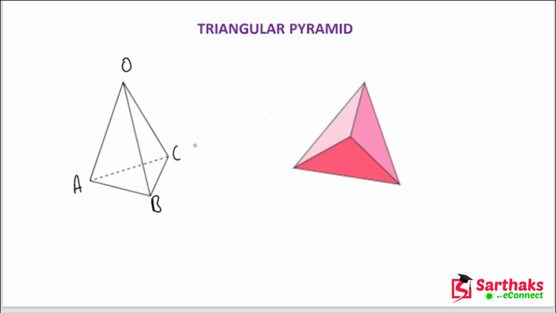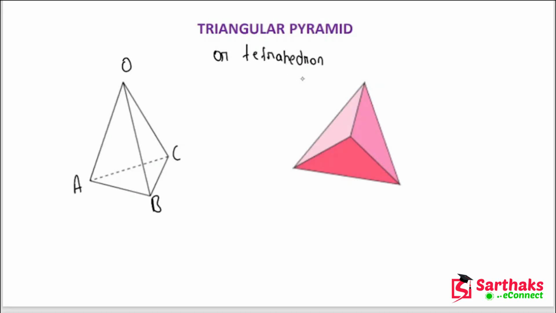A triangular pyramid is also known as a tetrahedron. It looks like this in 3D, and you can call it a tetrahedron. Why tetrahedron?